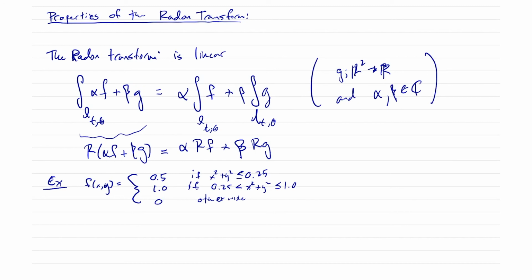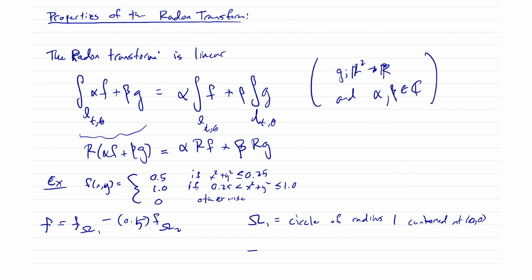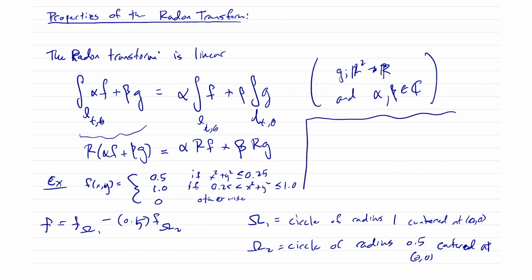You can think of it as f being f of region 1 minus 0.5 of f of region 2, where region 1 is equal to a circle of radius 1 centered at the origin, and region 2 is equal to a circle of radius 0.5 centered at the origin.